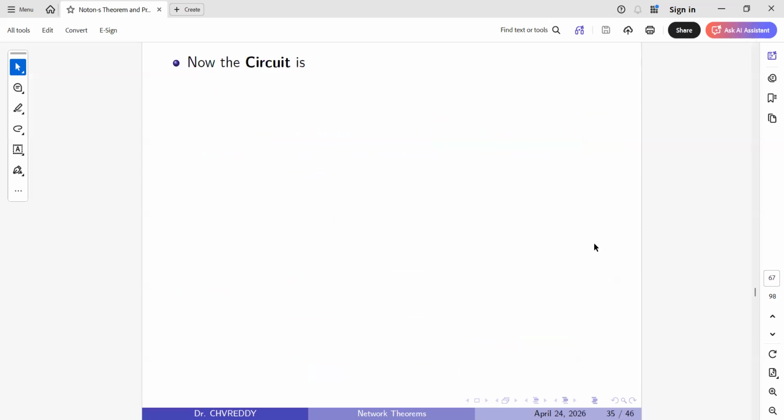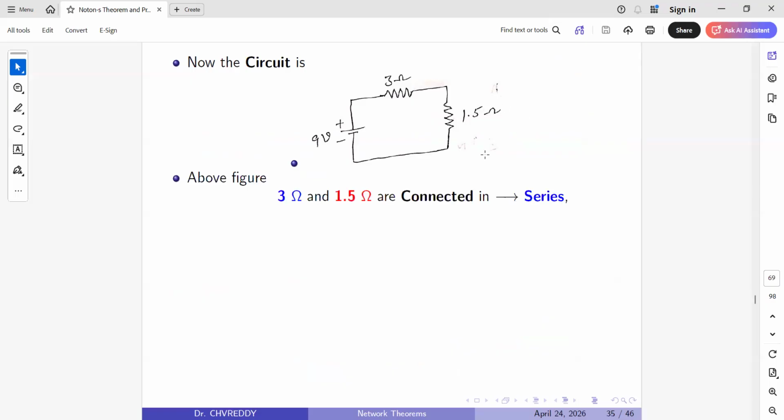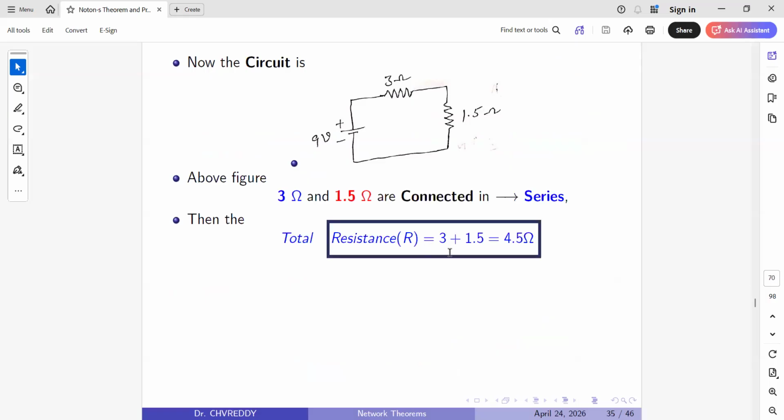Now this is the circuit. Here the 3 ohm and 1.5 ohm are connected in series, so the total resistance is 3 plus 1.5 equal to 4.5 ohm. So now the 3 ohm and 1.5 ohm are replaced with the 4.5 ohm.